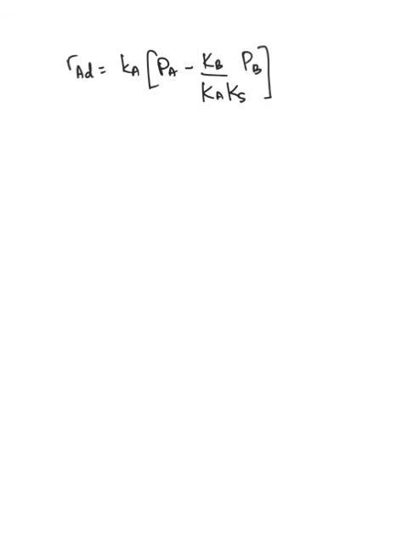You have to check one by one if anything is missing, because the equation is too long. So Ka, Kb per Ka Ks, Pb, and then multiply with Cv.